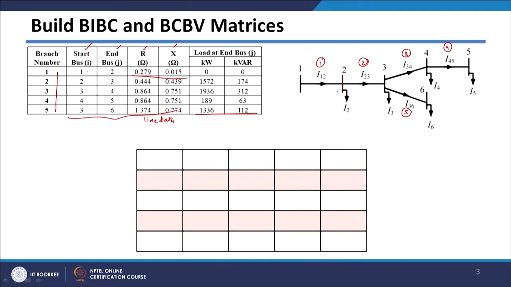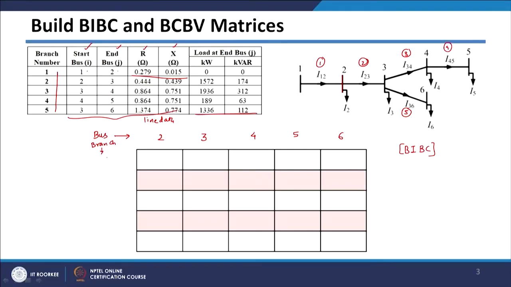Now, to form your BIBC matrix, which is the bus injection to branch current matrix, where we want to convert your bus injection to branch current, what we can do is this. Let us say these columns correspond to bus numbers 2, 3, 4, 5 and 6, and here I am giving the branch numbers.